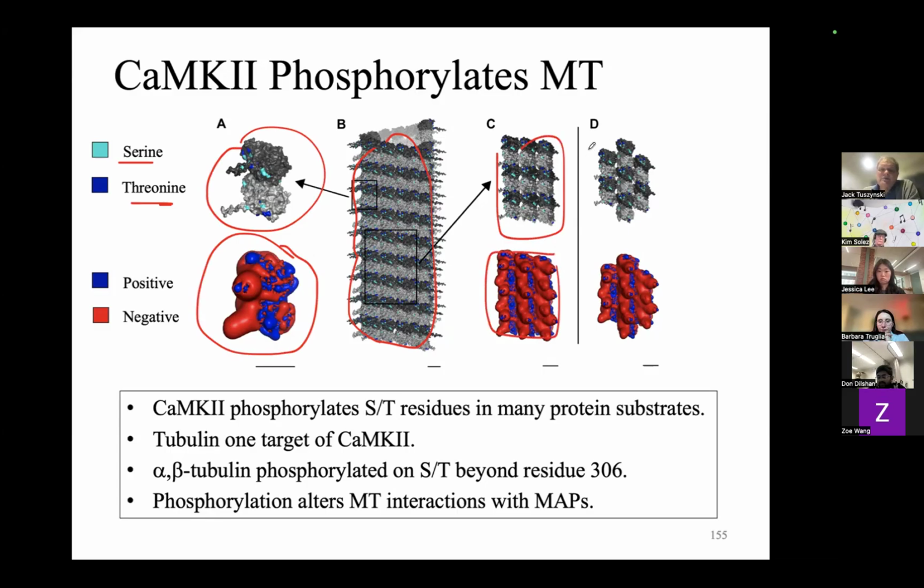There are actually two lattices, so you see here more rectangular and here more hexagonal, depending on which lattice is involved. And this is the same patch painted electrostatically. Why am I saying this? Because as you will see, there's an electrostatic attraction between this CAMK2 holoenzyme and tubulin.